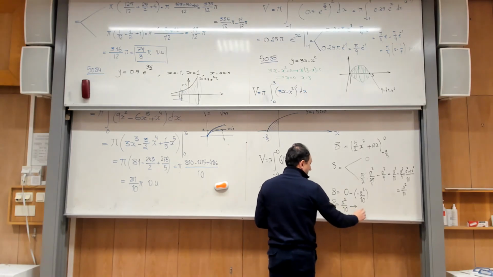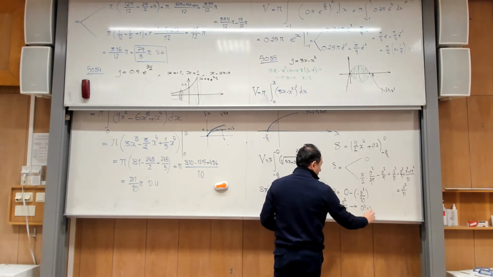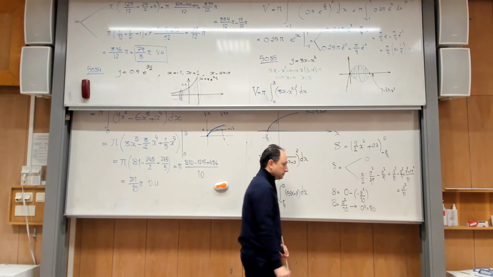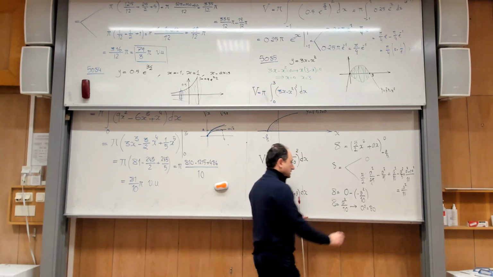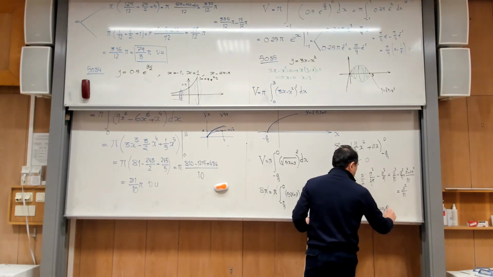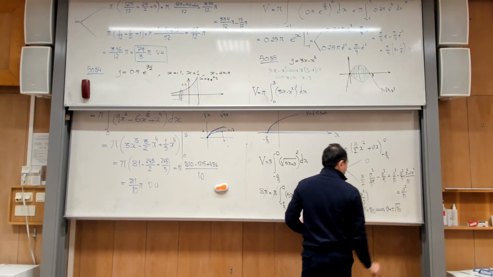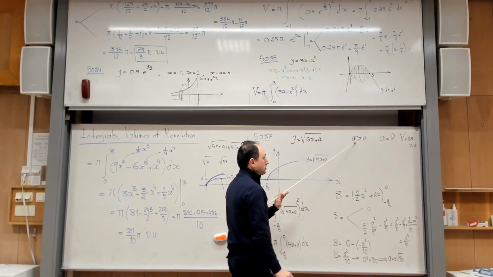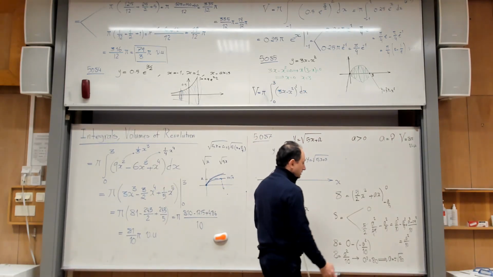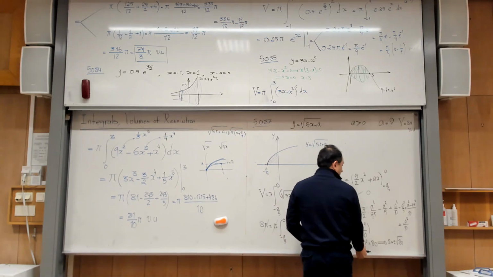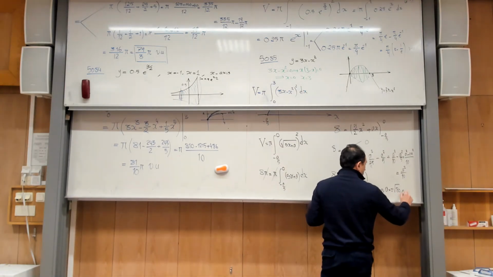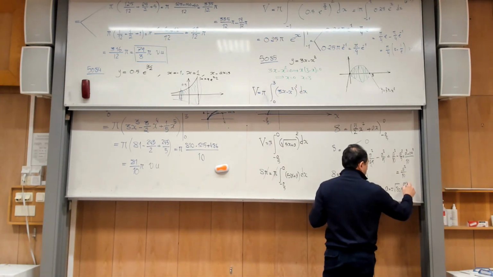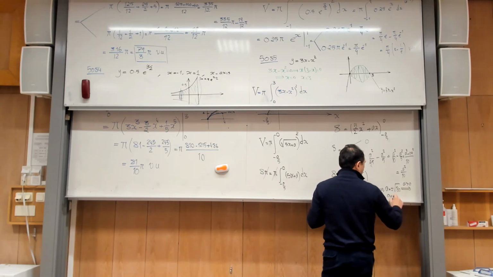So this means that a squared is 80. Yes? And then it means that a is plus or minus the square root of 80. But they have mentioned in the problem itself that a is positive, so I only take the positive one. So this means that since a is given to be positive, a becomes the square root of 80.